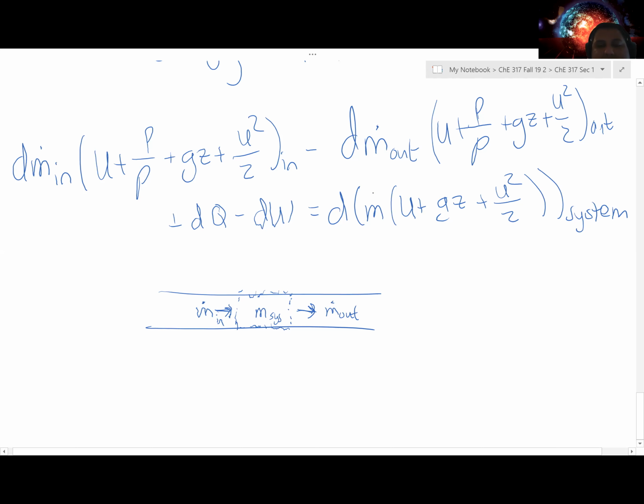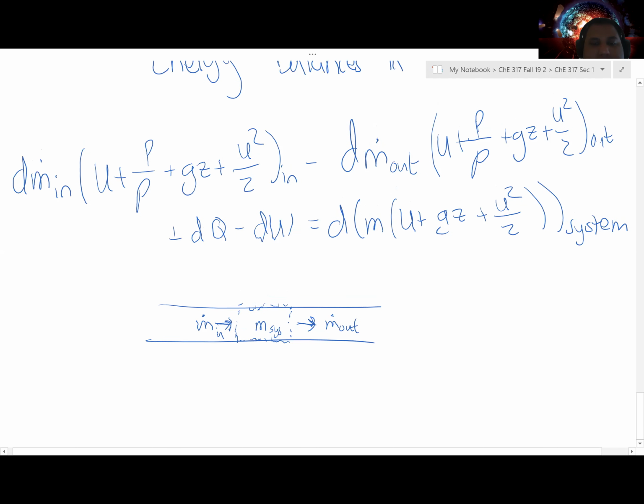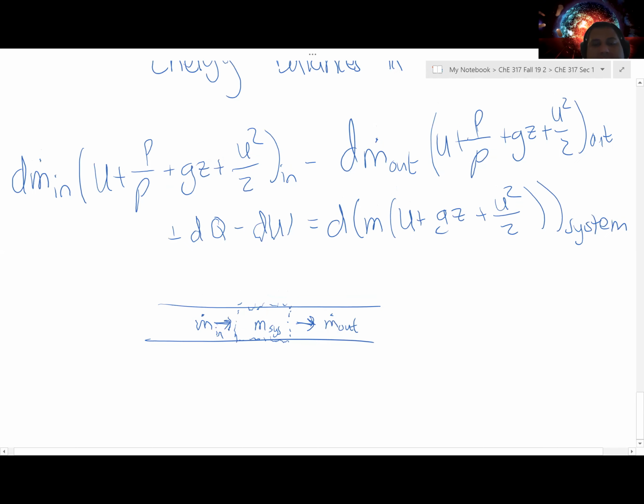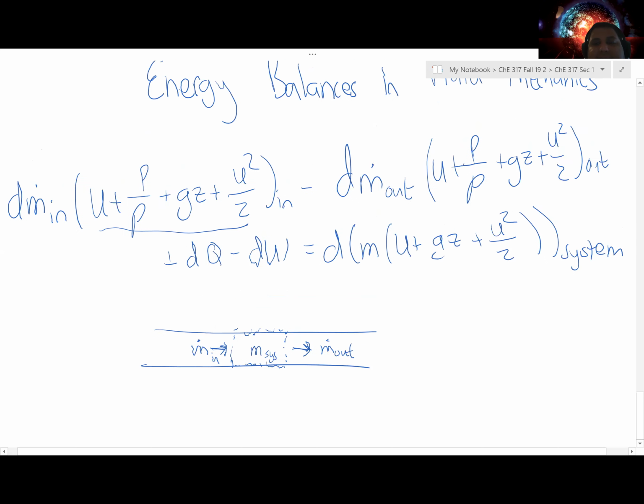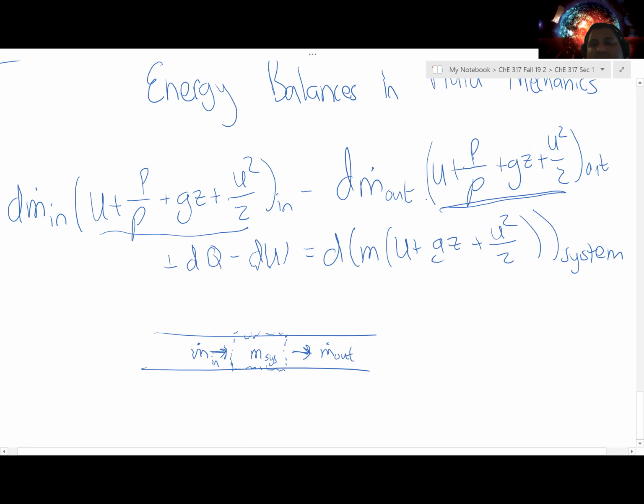And there shouldn't be a dot there because that's not how this works. All right, so associated with the mass flow coming in and the energy that it brings, which is here, the mass flowing out and the energy that it's bringing out, which is here, and then the mass of the system itself. I'm guessing you guys can't see this. I apologize. Can you see it now?